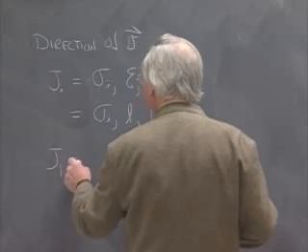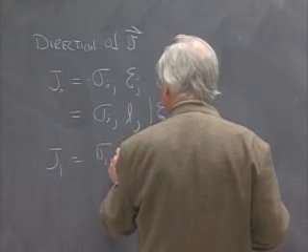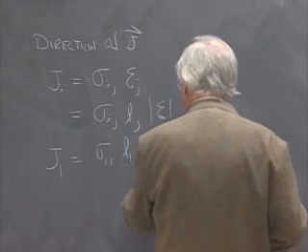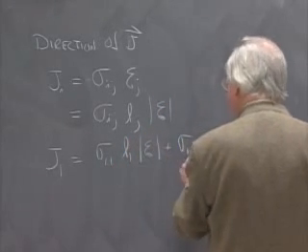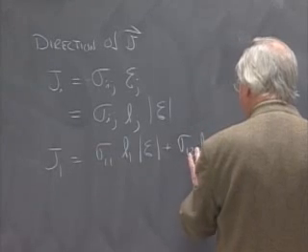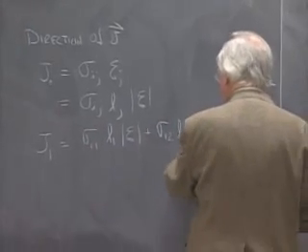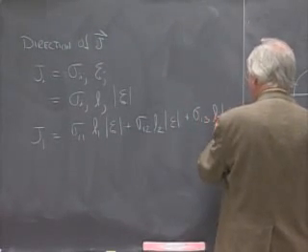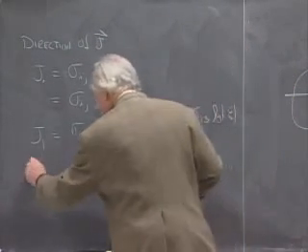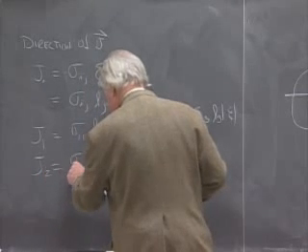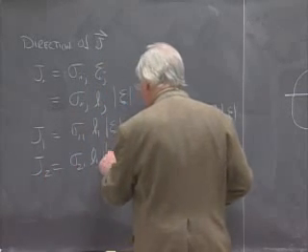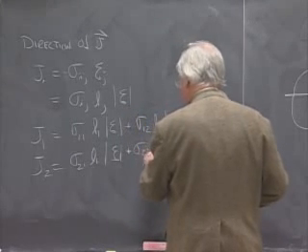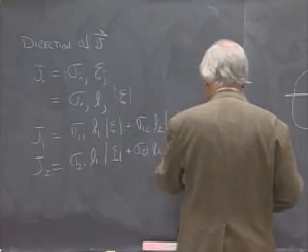So this will say that J1 is equal to sigma 1,1 L1 times the magnitude of E plus sigma 1,2 times L2 times the magnitude of E plus sigma 1,3 times L3 times the magnitude of E. And then I don't need to write much more. J2 will be sigma 2,1 times L1 times the magnitude of E plus sigma 2,2 L2 times the magnitude of E, and so on.